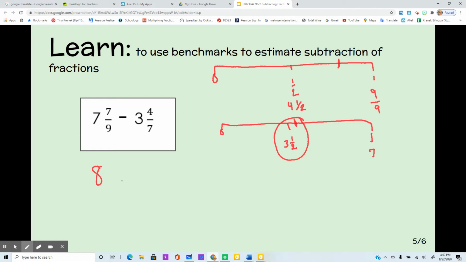So 3 and 1/2. So 8 minus 3 is 5. But we have to remember we still have to subtract the half. So that's 4.5. Okay, make sure you take notes in your journal, draw your number lines, figure out what your halfway point is, and we will continue.